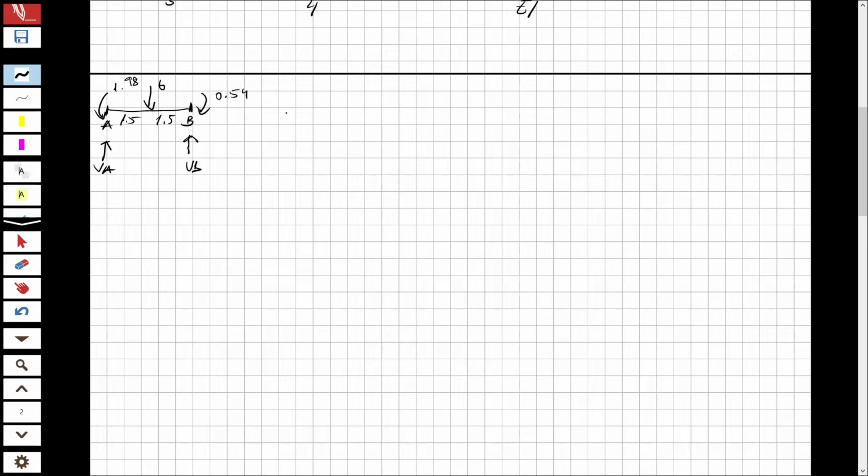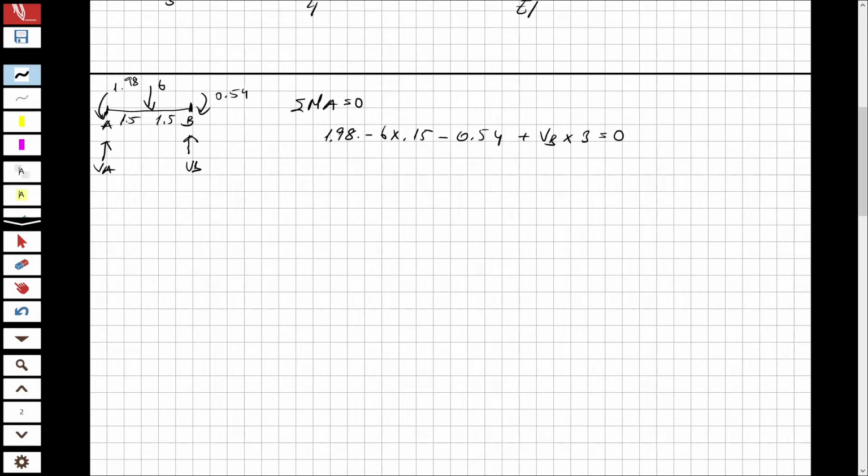Okay, so total moment at A is equal to 0, 1.98 minus 6 times 1.5 minus 0.54 plus VB multiplied with 3 equal to 0, right?